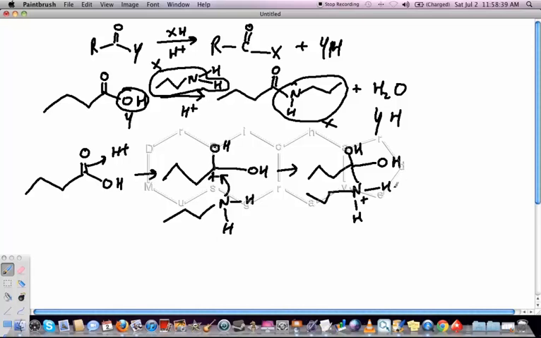And then in the next step we're going to get the proton transferred, and as I said in the past, the proton will always be transferred to the leaving group. The leaving group is the Y group, which was the group originally attached to the C double bond O, which is the OH. So the OH will take the proton in that step.